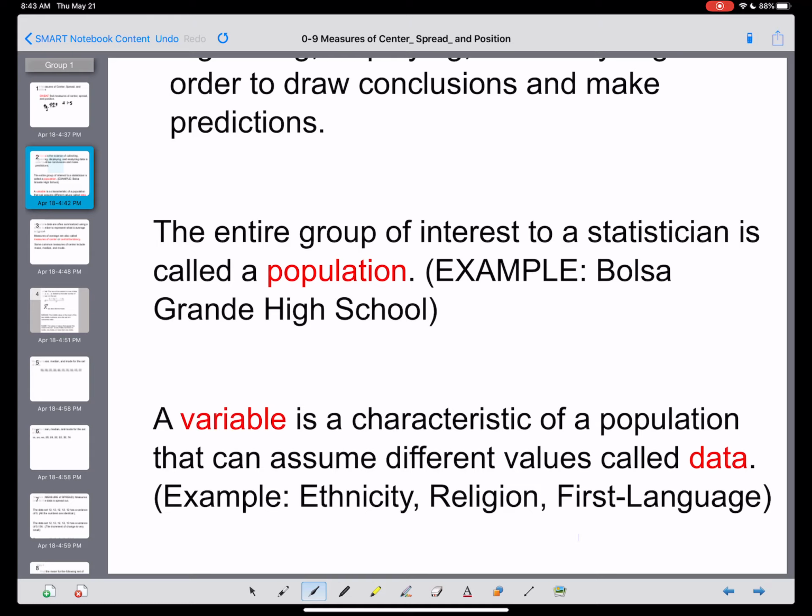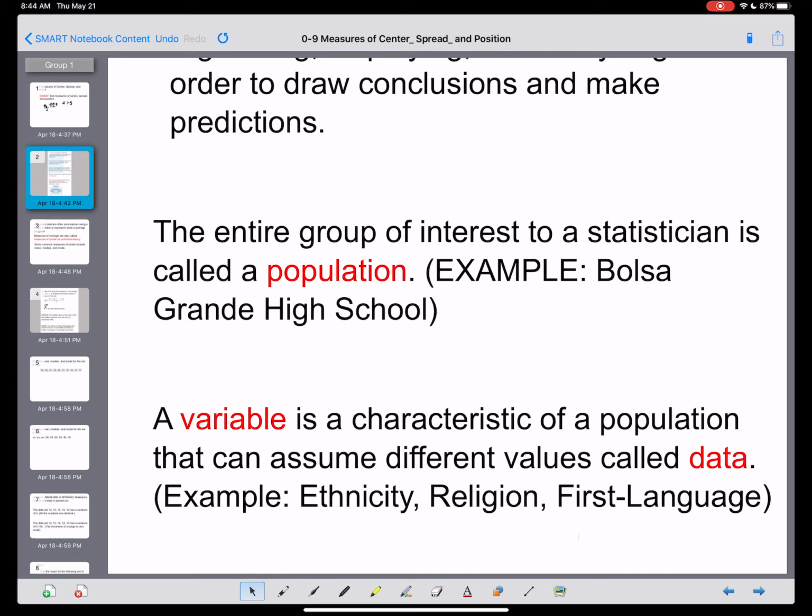The next thing is called a sample. Oh, actually, I do mention it. It just got cut off. So a population is everything. A variable is not like your X and Y. Well, it could be, but it doesn't have to be. It's a characteristic of a population that can assume different values, like ethnicity, religion, first language.